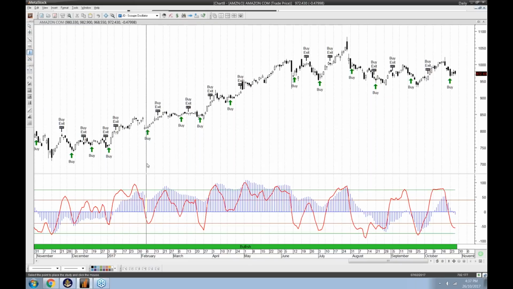So in fact, with Scoop coming down where our buy signal was, sometimes we can improve our buy signal just a little bit by waiting for Scoop to get a little more oversold, by watching the Scoop Oscillator.